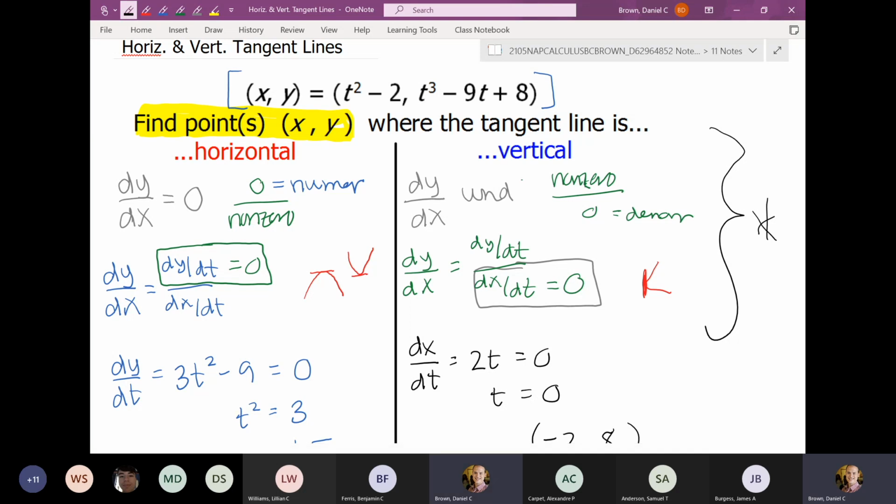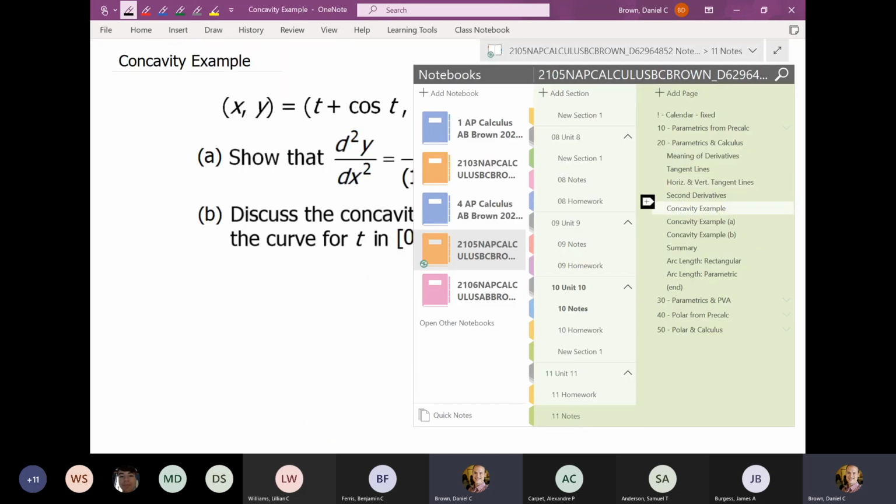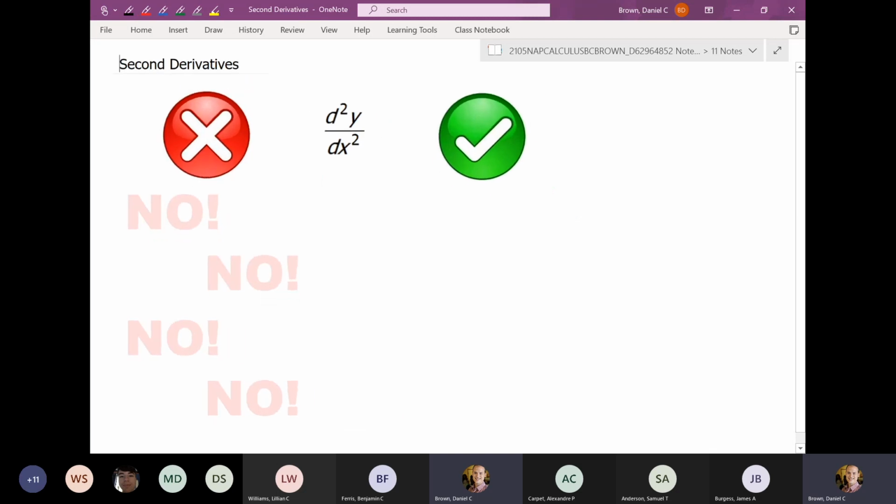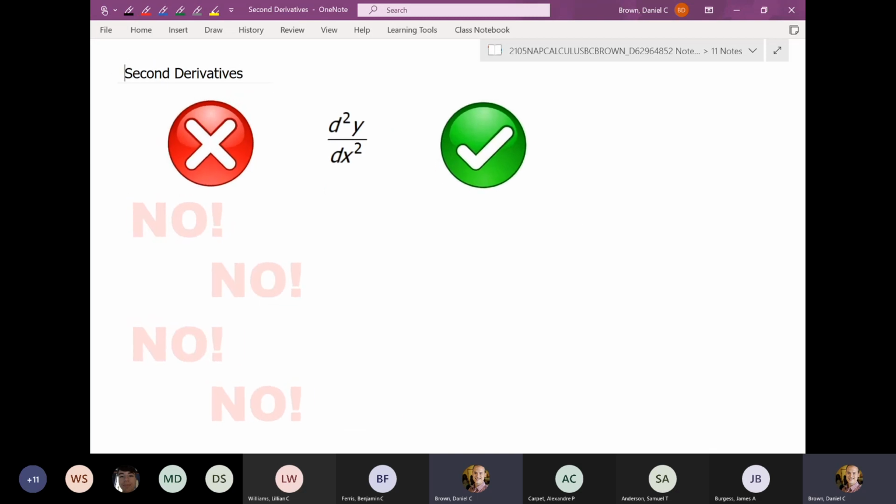All right, so let's go ahead and look at the second derivative. If a student is going to mess up with calculus and parametric functions, it's going to be with the second derivative. So I am going to give you what the second derivative is not, because I think that's what you want it to be, but it's not this.